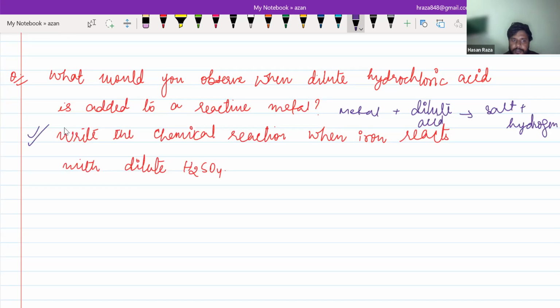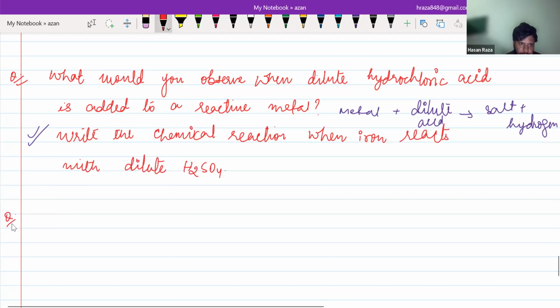Write the chemical equation for this reaction. FeSO4. Very good.